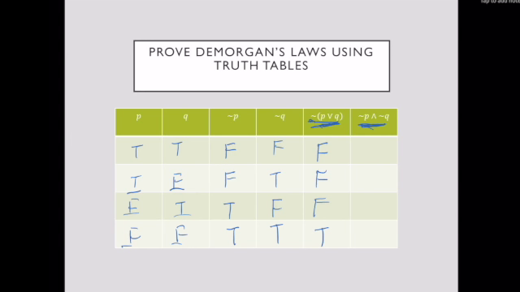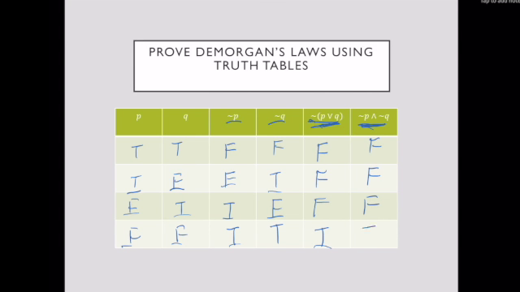And I need to see if this column is logically equivalent to not P and not Q. That means I'm going to have the same truth values. So let's take a look at not P and not Q. Remember that and is only true if both of my components are true. So if I have false and false, that's false.